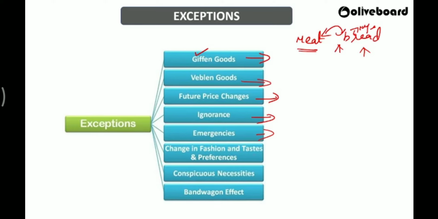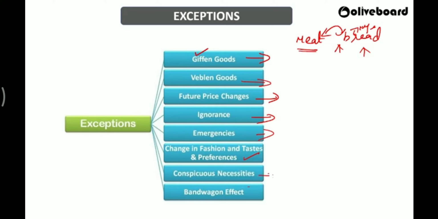And change in fashion, taste and preferences, I told you, bandwagon effect, snob effect, all those things. Now this is the trend, which means I have to do that. I cannot go alone. So I will go with the flow. Yes, let me go with the flow itself. So there your law of demand will fail.